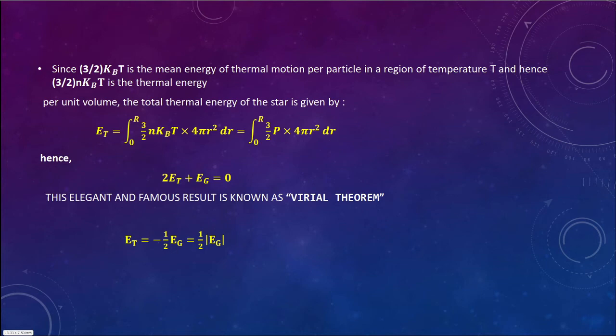From the law of equipartition of energy, which we see in thermal physics, we know that each degree of freedom gives 1/2 kBT of energy.